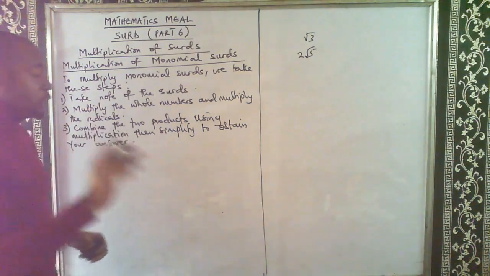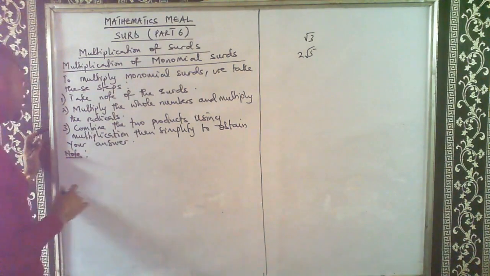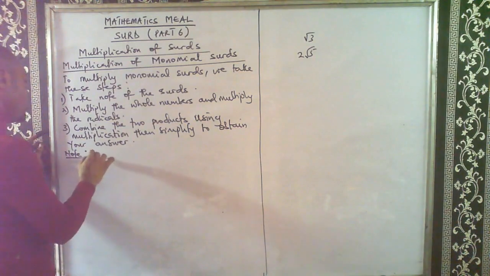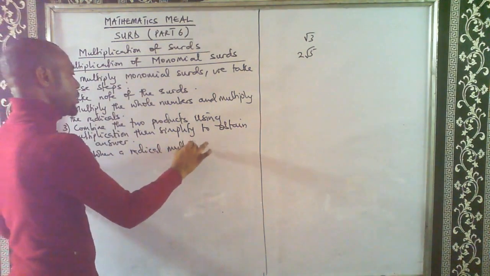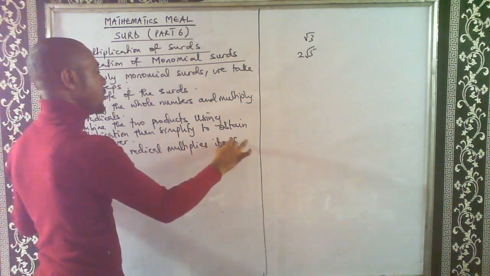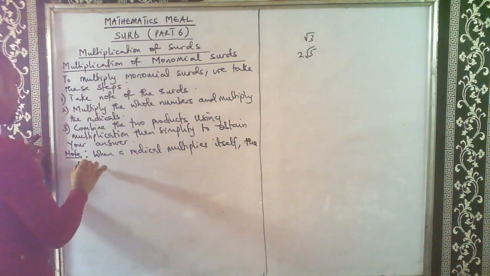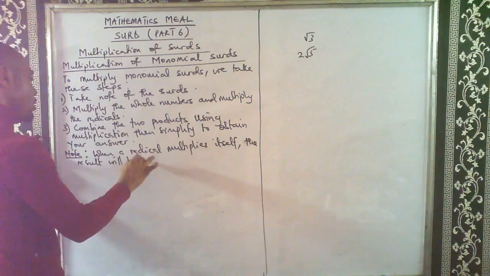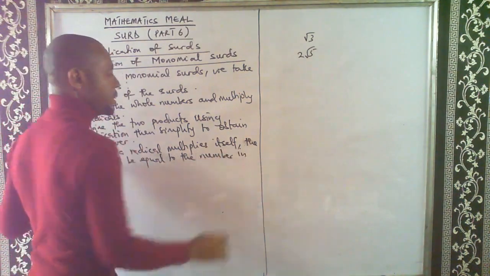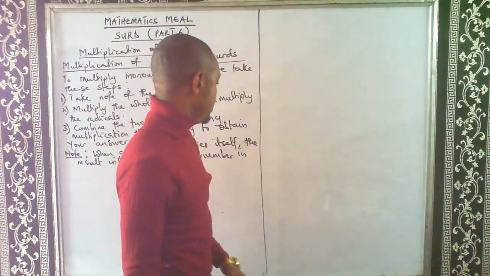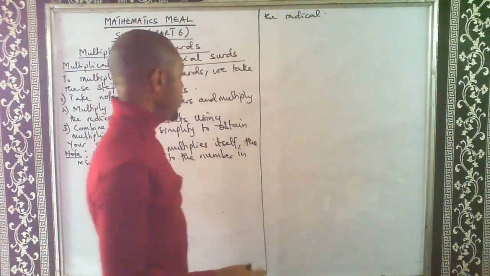But quickly, let's just note this. The first thing we need to note, very important: when a radical multiplies itself, the result will be equal to the number in the radical.